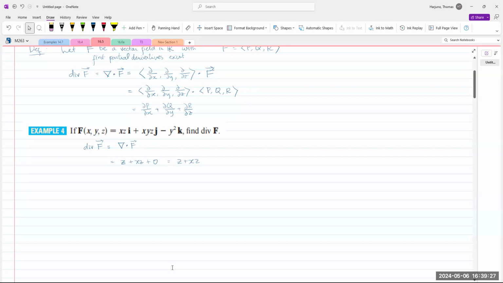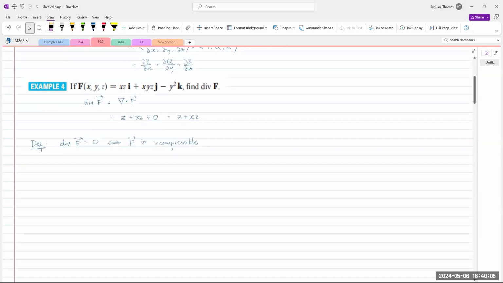Now let's go on to another definition. The divergence of vector field F is 0 if and only if vector field F is incompressible. Okay, we will see the physical interpretation of divergence of F later on. Okay, that's for divergence of F.